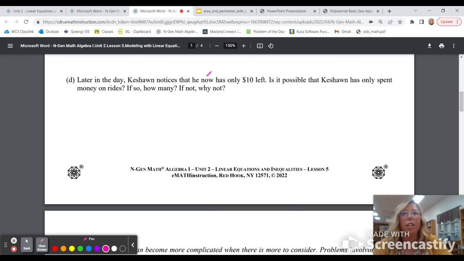It says, later in the day, Keyshawn notices that he now only has $10 left. Is it possible that he has only spent money on rides? If so, how many? And if not, why not? Well, we knew that he had $29 left at 8 rides.